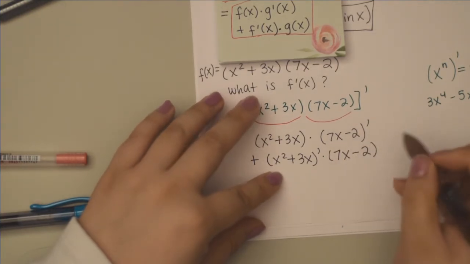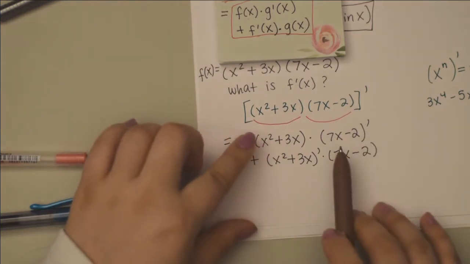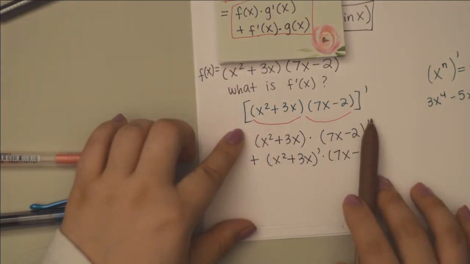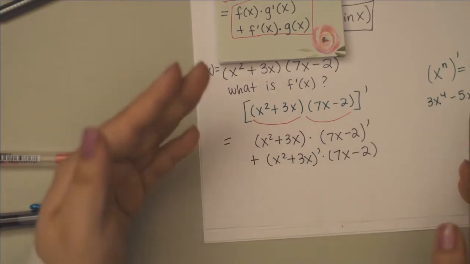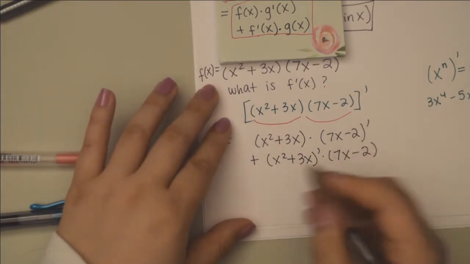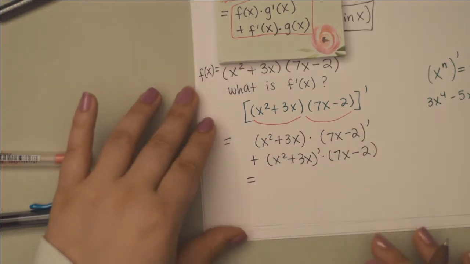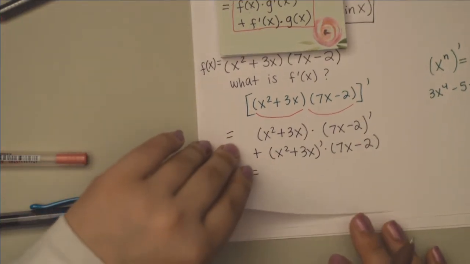As you get more and more practice with this, you won't even need to write this out. You'll just be able to do the derivative in your head. So let's just keep going before I go off on a tangent. Haha, tangent.